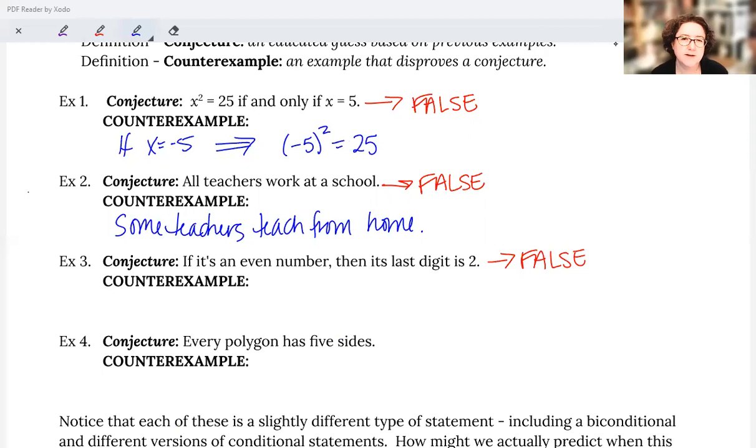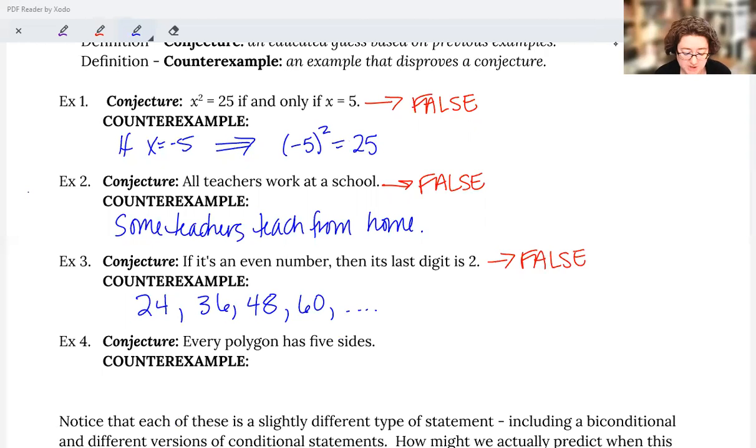Well, aren't there any other even numbers that don't have a last digit of 2? Well, I could think of a bunch of them. How about 24 or 36 or 48 or 60? Anything with an even number in that last digit is still an even number overall. The last digit does not have to be a 2.